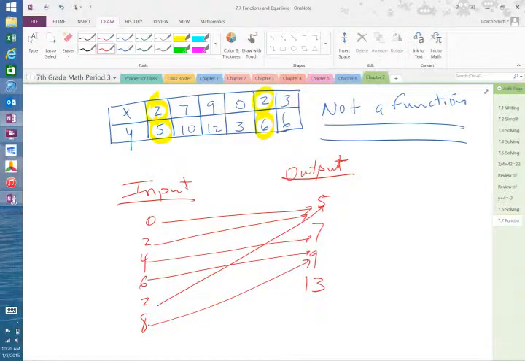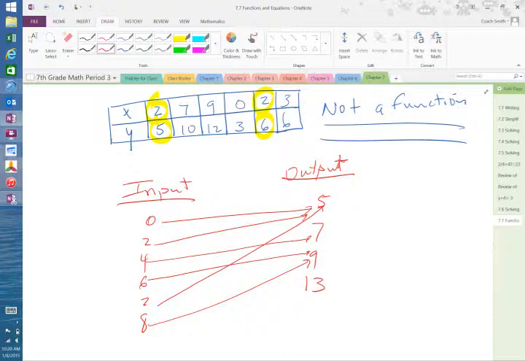But if I plug a 2 in and get 0 one time, then I'm going to plug a 2 in the next time, and I'm still going to get a what? A 0, correct? All right? So two different inputs can have exactly the same output. But an input can't have two separate outputs that are different, okay, for it to be a true function.